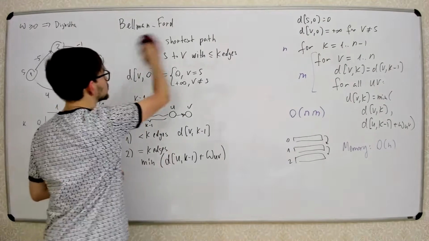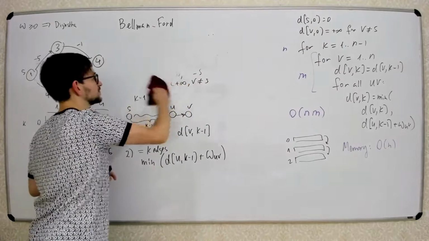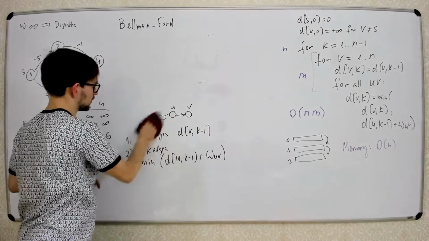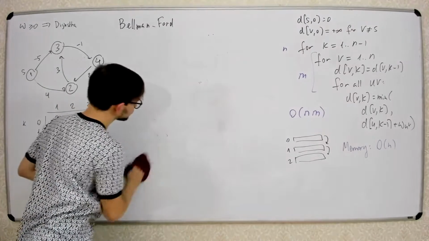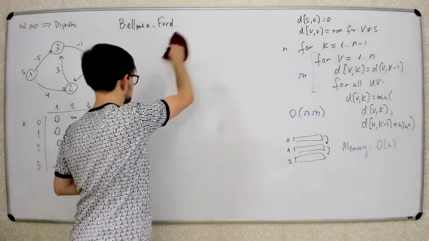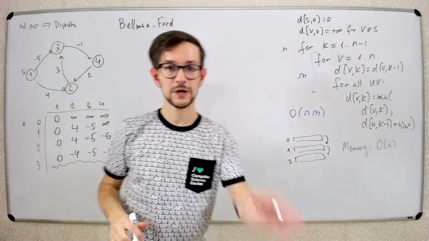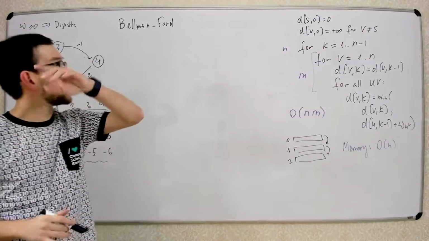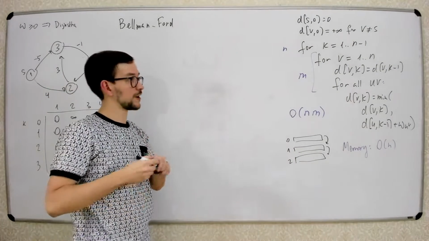I'll just modify this code. Okay, I'll not erase this one, but I'll make another one here. Okay, the idea. Let's make one single one-dimensional array.